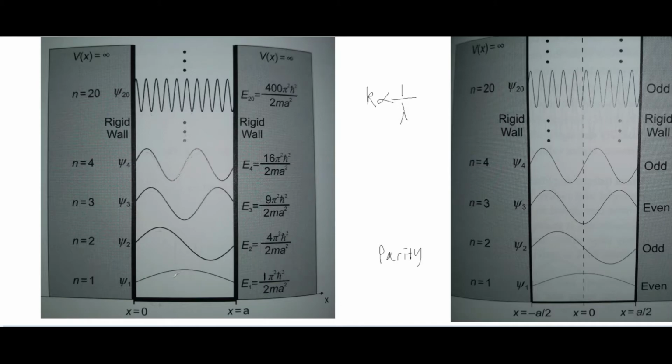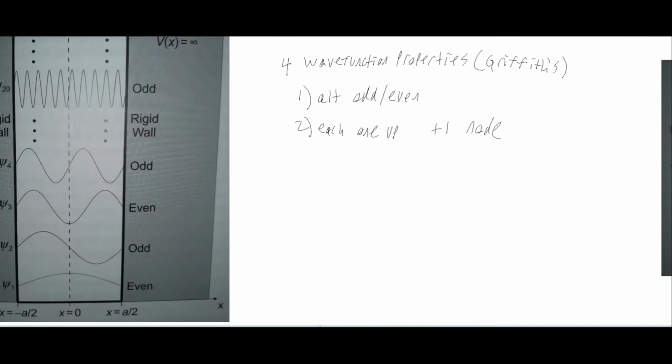So it has 0 nodes, whereas this one goes to 0. So if we draw a line here, it goes to 0 right here. That's one node. Where this one now has 2 nodes. And then this one has 3 nodes. So every time you go up a level, you get one more node in it. And that was the number 2 in Griffiths.